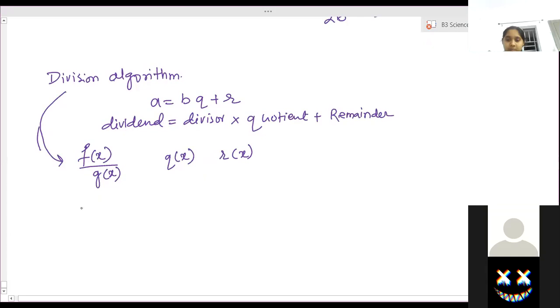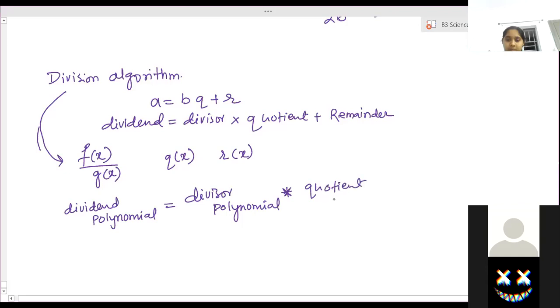So it is connected as dividend polynomial is equal to divisor polynomial times quotient polynomial plus remainder polynomial.